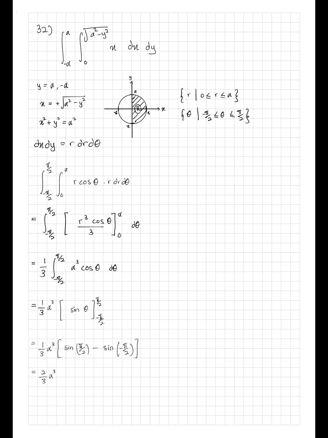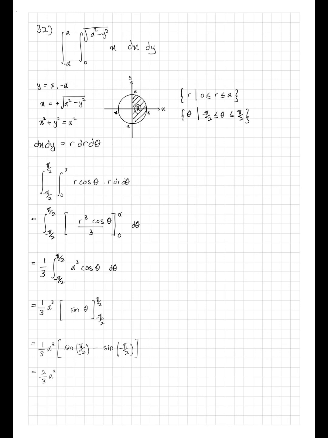And from the sketch, we can find the region for r is on the right side of the circle. From that, we can find the limit for r and theta. The limit for r is alpha until 0, while theta is pi over 2 until negative pi over 2.